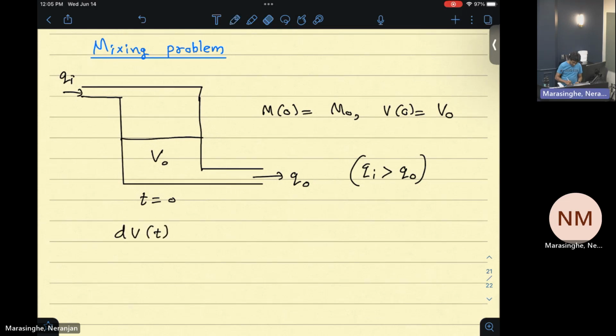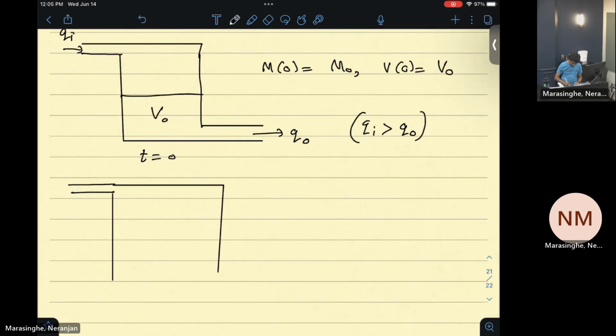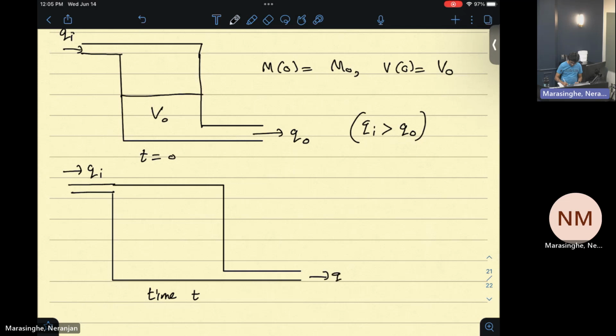So this is time 0 and this is at time t. Input rate is Qi and output rate is Q naught and output concentration is C naught.